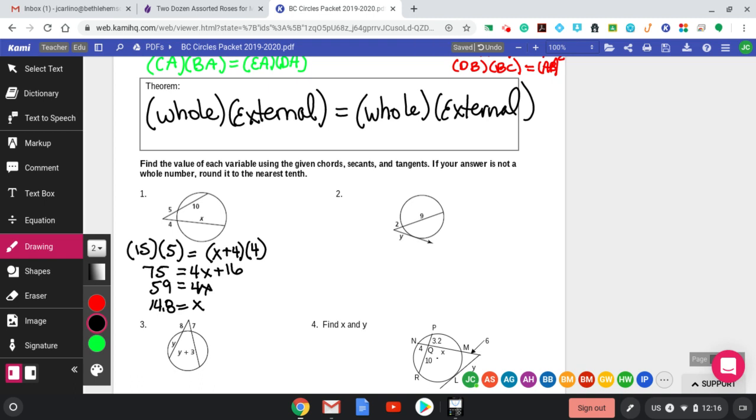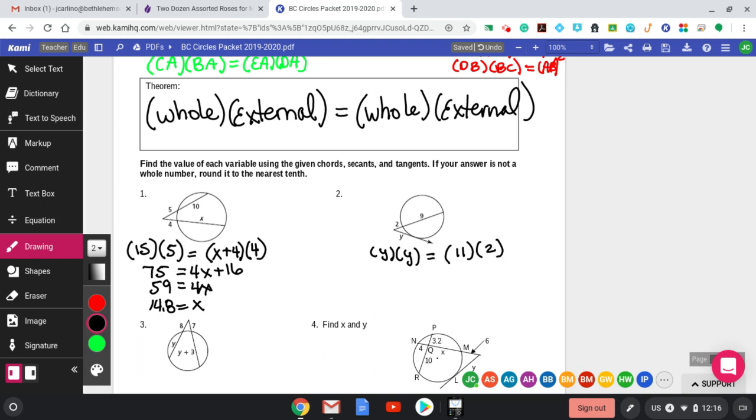Okay, here we go. Next one, number 2. Now that is a tangent and a secant. So I know tangent is just whole times external, which is itself. So y times y equals whole secant 11 times the external part, 2. I know you guys are in the mindset right now from our chords of going part times part, so maybe you were thinking 2 times 9, but just get out of that habit.